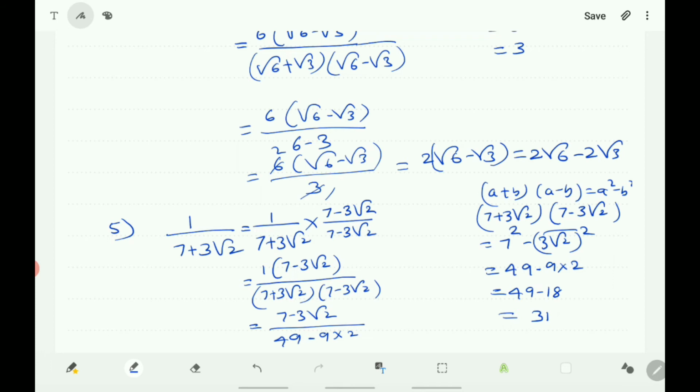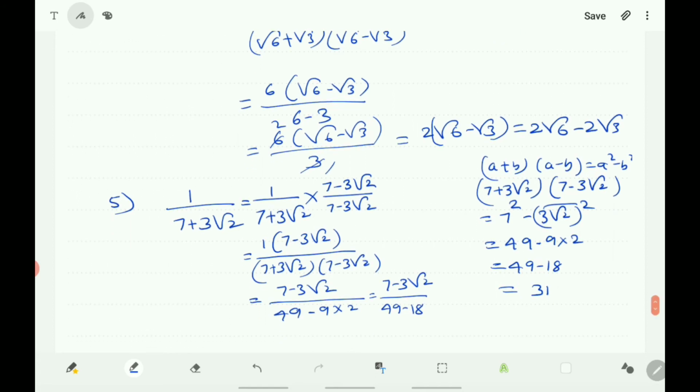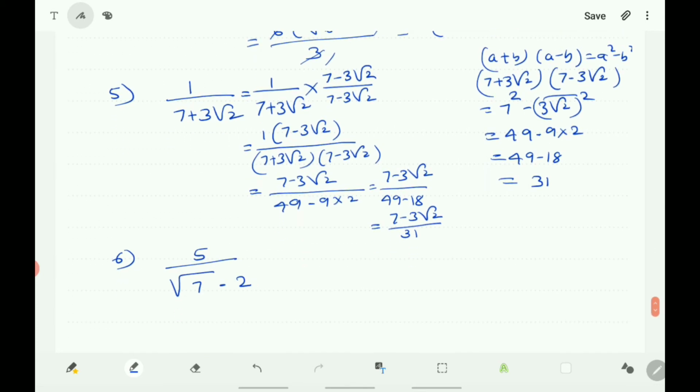That is 7 minus 3 root 2 by 49 minus 18. So it is equals to 7 minus 3 root 2 by 31.